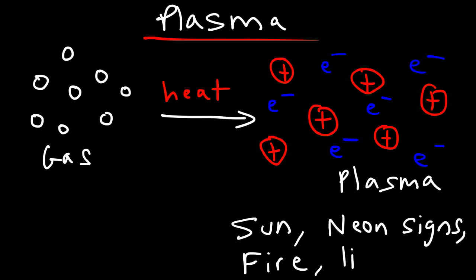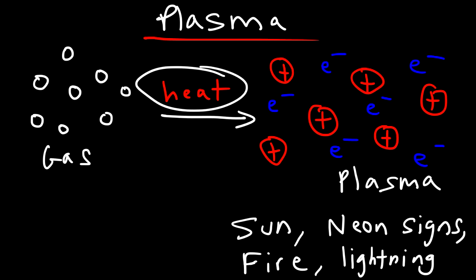Another good example is lightning. So in order to strip the electrons in a gas to create plasma, you can add heat or you can add even electricity, because neon signs use electricity to separate the electrons from the gas particles, creating this plasma state.